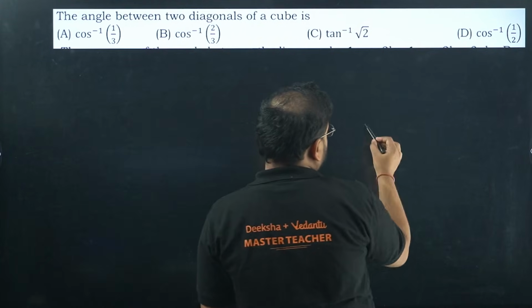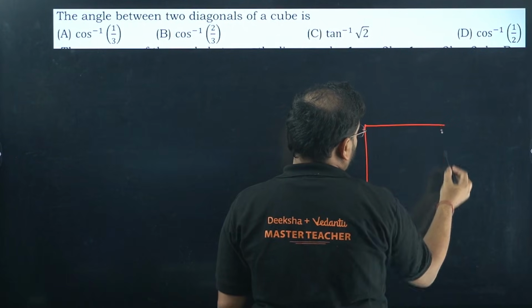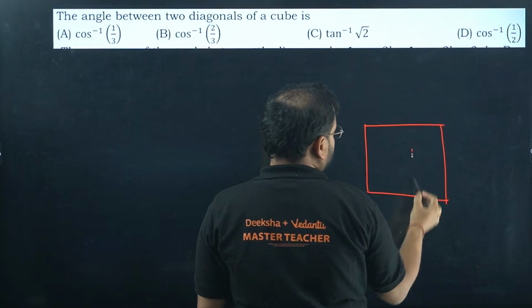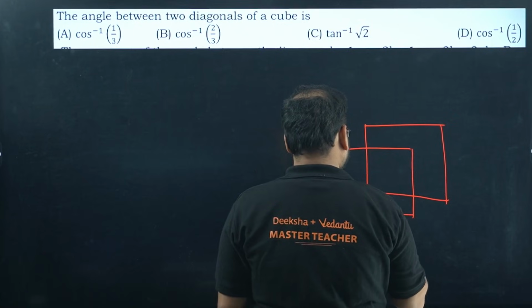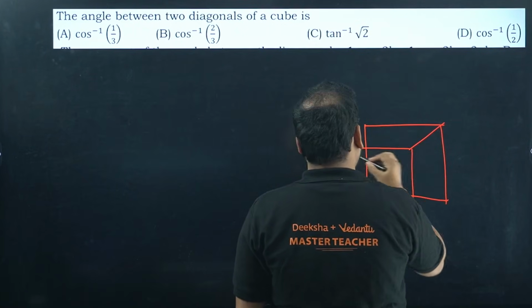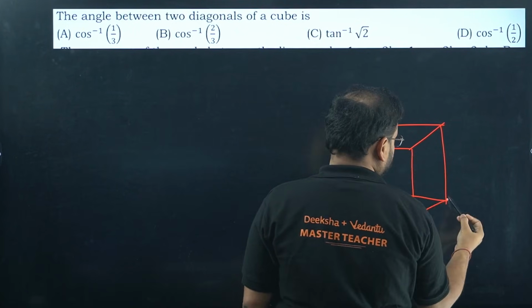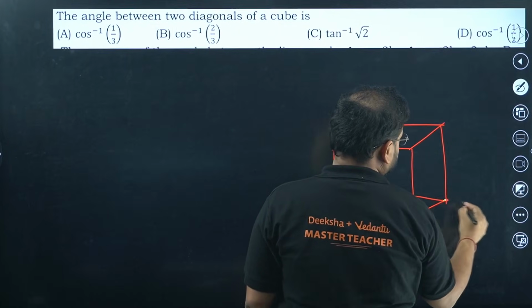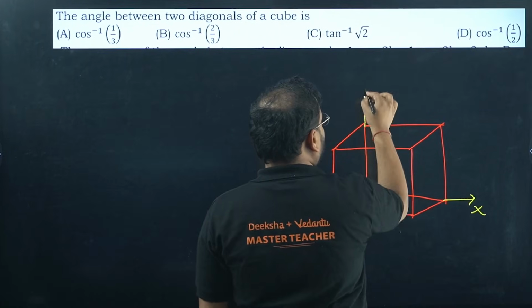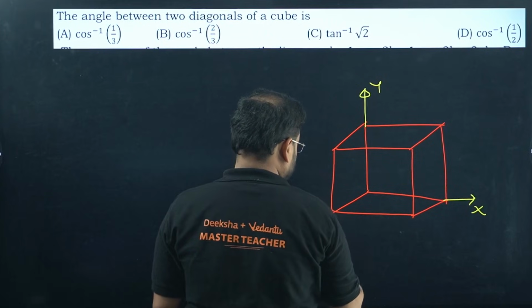Let's draw a cube first. This is the cube right here. Let's make the axes right now. This is my x-axis, this is my y-axis, and this right here is my z-axis.